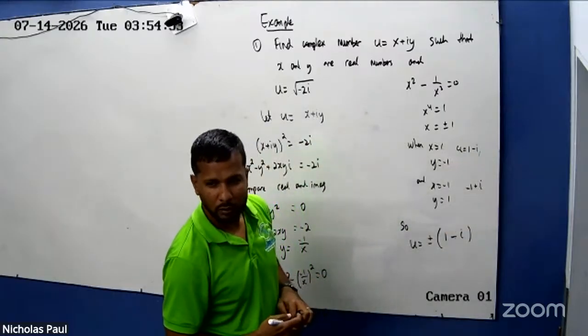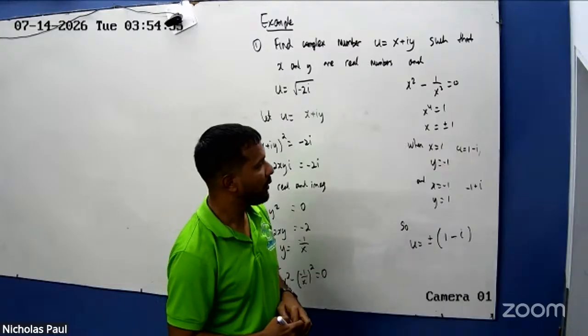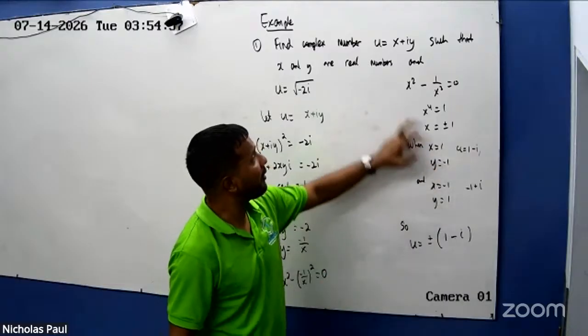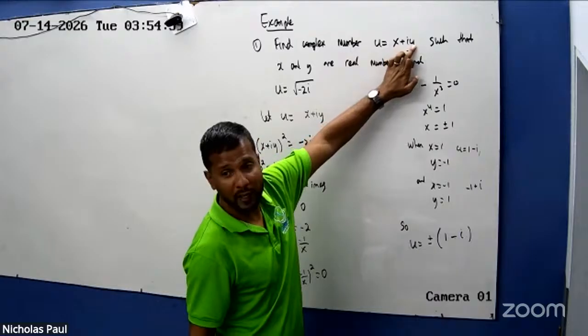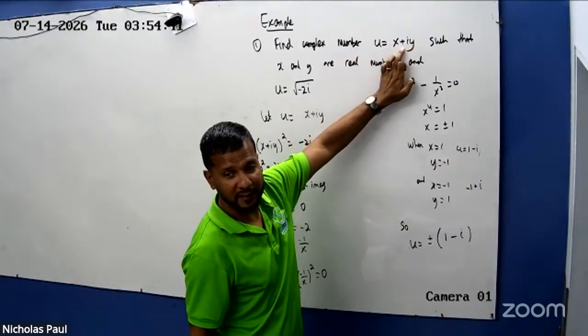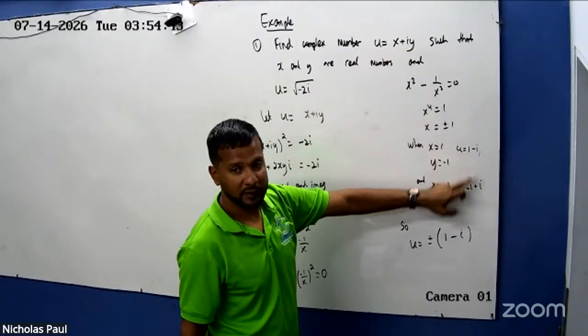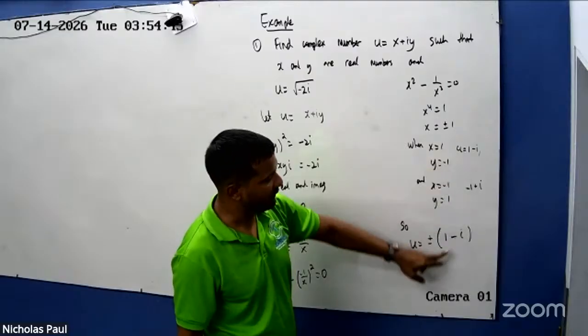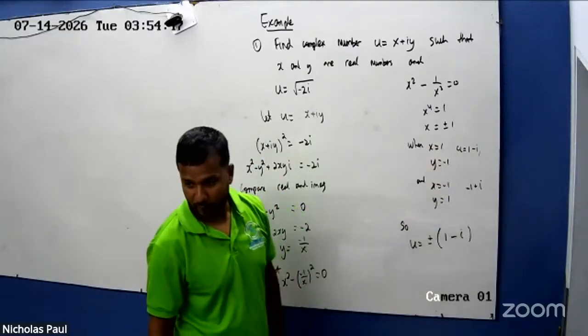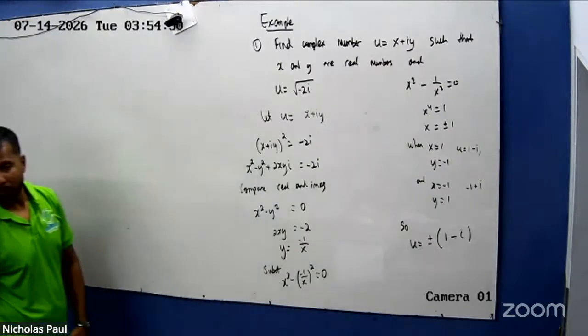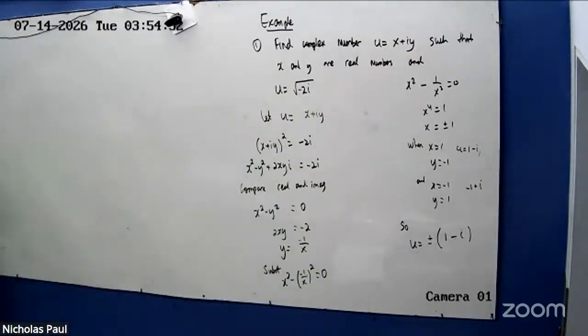Oh, because remember, it's x plus iy. So if y is minus, what is minus i? Same thing here. If you combine them together, you write them like this. Yeah? Are you okay with that, Zachary?